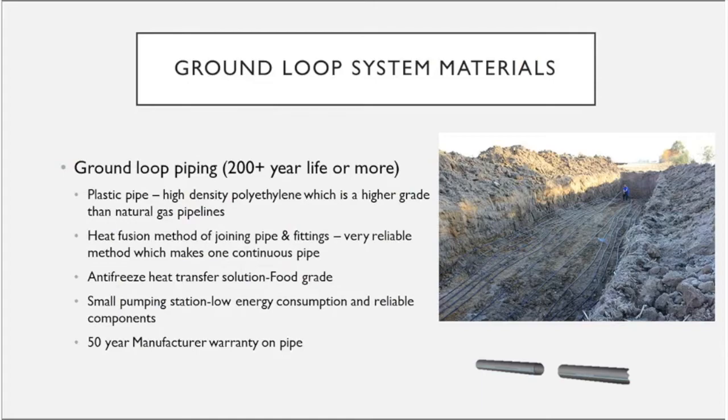So, ground loop piping. We expect way more than our lifetime, more like a 200-year life expectancy or more out of a ground loop, since we're using that polyethylene HDPE pipe. It's expected to last a very long time.